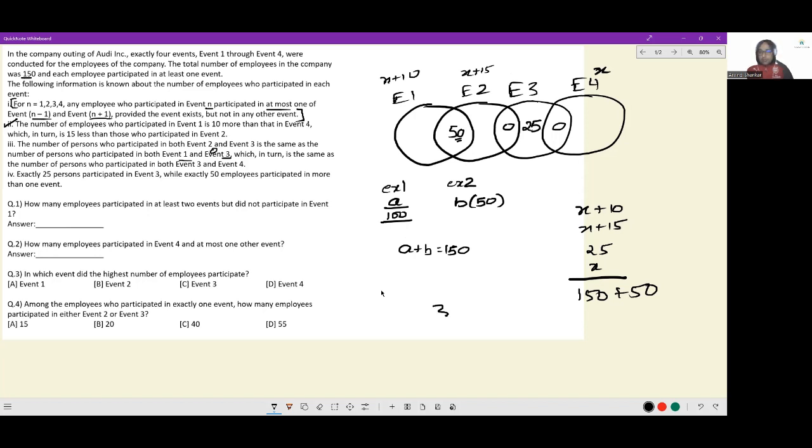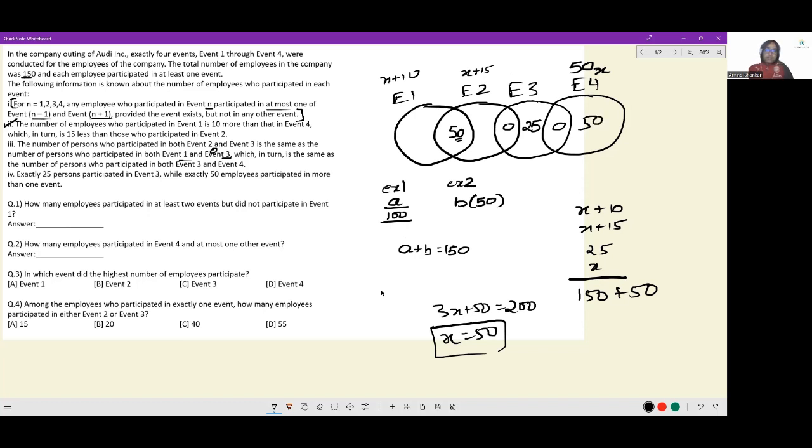I have 3X plus 50 equal to 200, or X is equal to 50 itself, which means the number of participants in event 4 is 50. They can only participate in event 4.